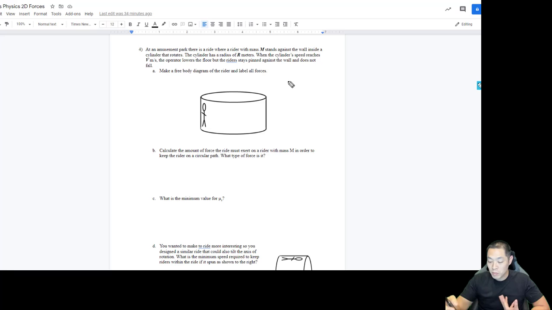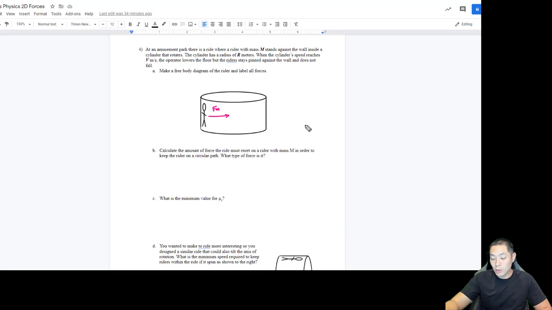We're going to answer this in terms of variables this time, but it doesn't really have to be. I'm asking how many forces are acting on the person, and there are going to be 3. You have a normal force, which is always pushing in from the wall.